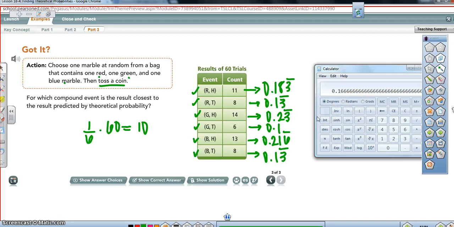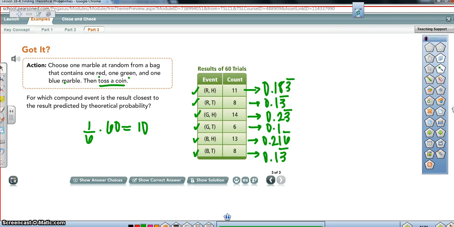And so it looks like this one would be closest. So we'd say that this experimental probability is closest to the theoretical probability of 1 out of 6.